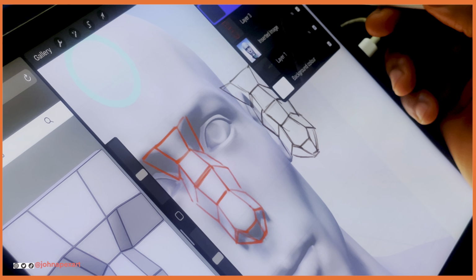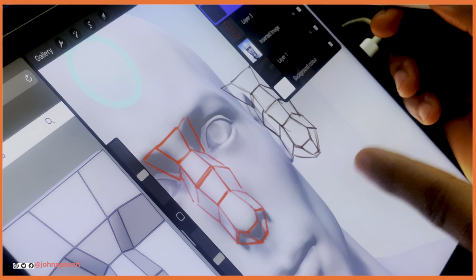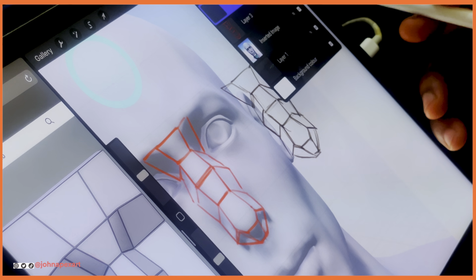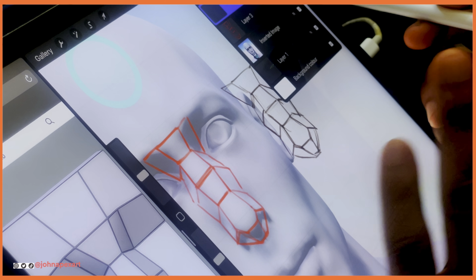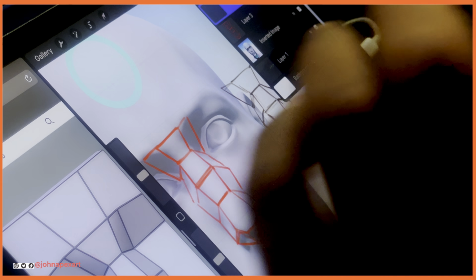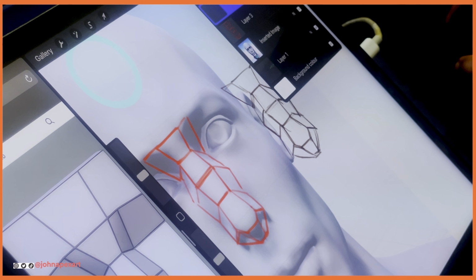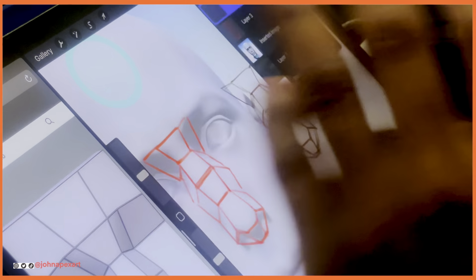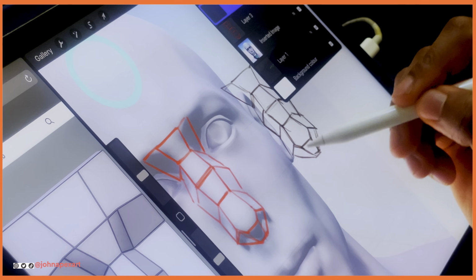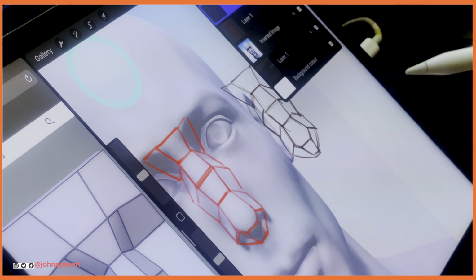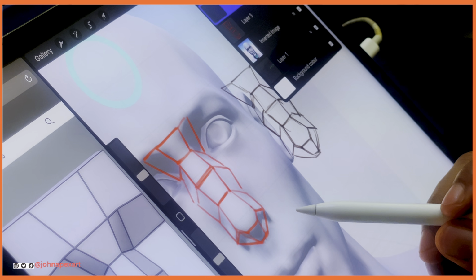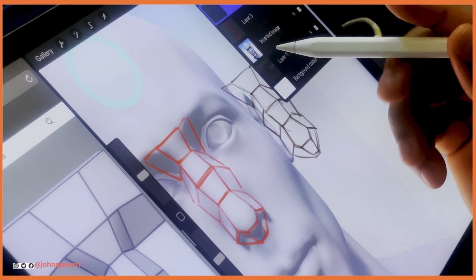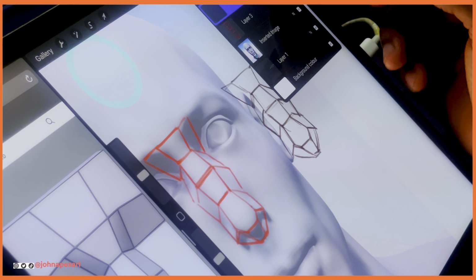My own drawing of the nose is going to be very similar to this, so it's going to serve as a guide to what I'm drawing. So that is one way to actually study the nose. Once you've understood this structure, then you can place this structure on top of different noses in different angles, and then copy those structures.